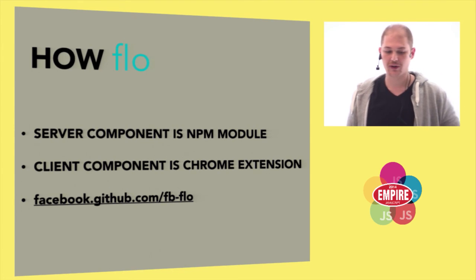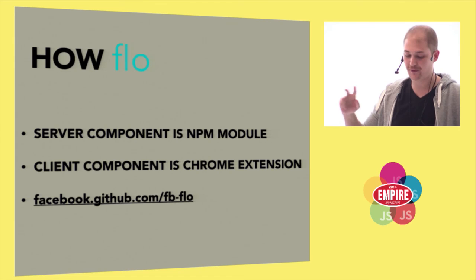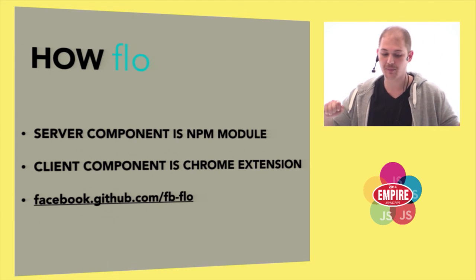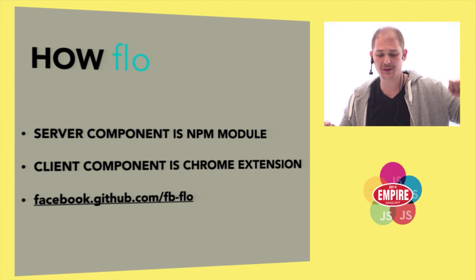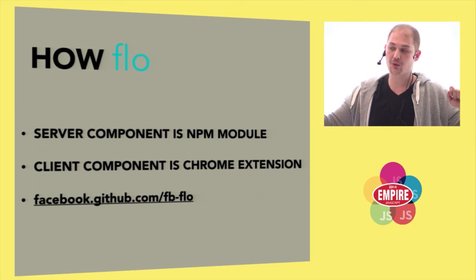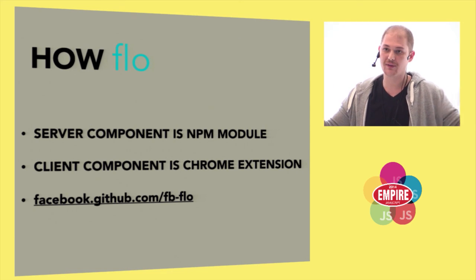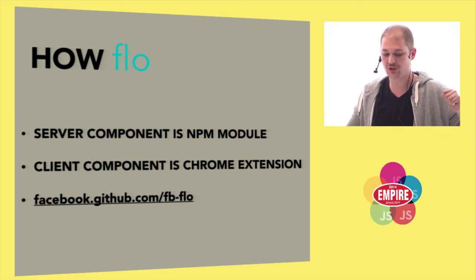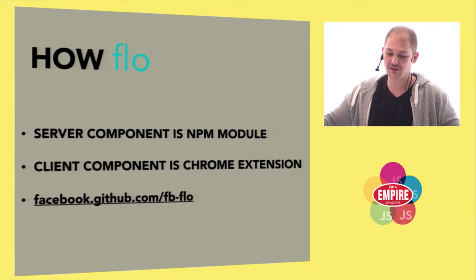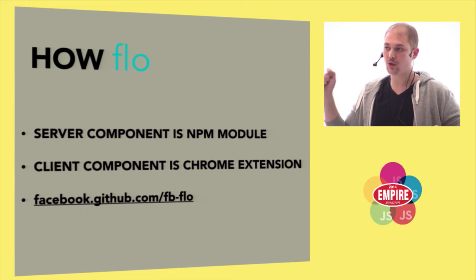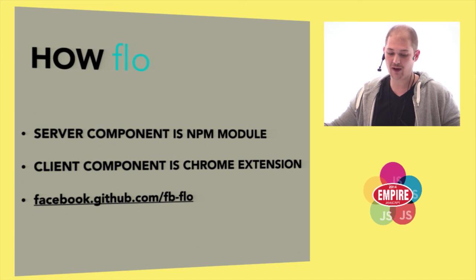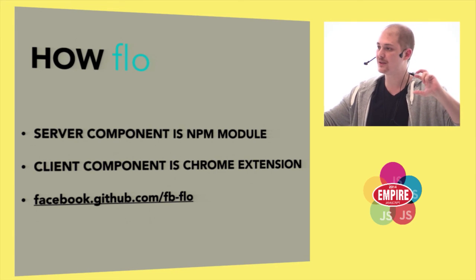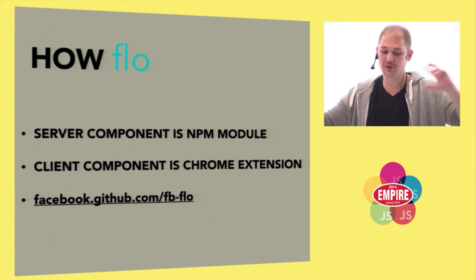So how does Flow work? Flow basically is made up of a server and a client component. The server component is an NPM module. You require it, then you start it, and it will give you a server and a file system watcher. Whenever the file system changes, it will call a user-defined function that you define to map between files and resources.